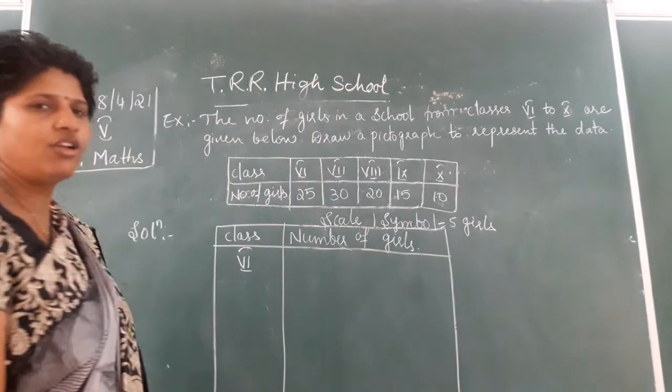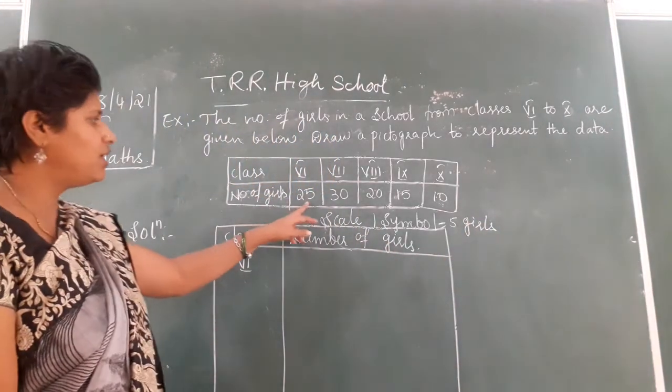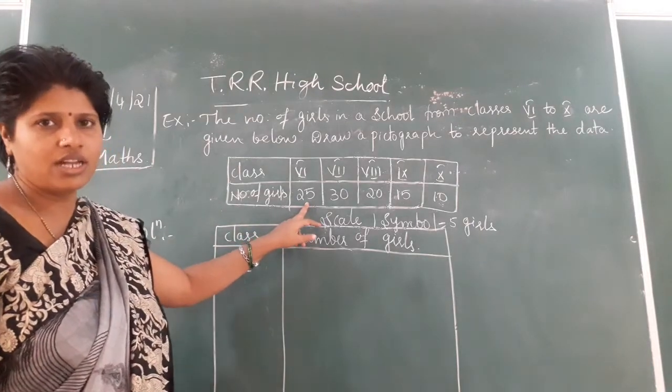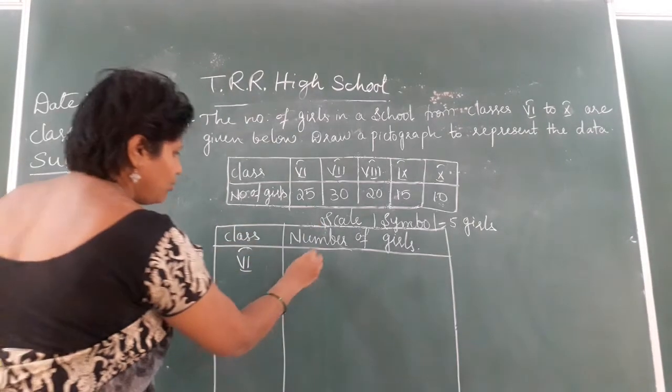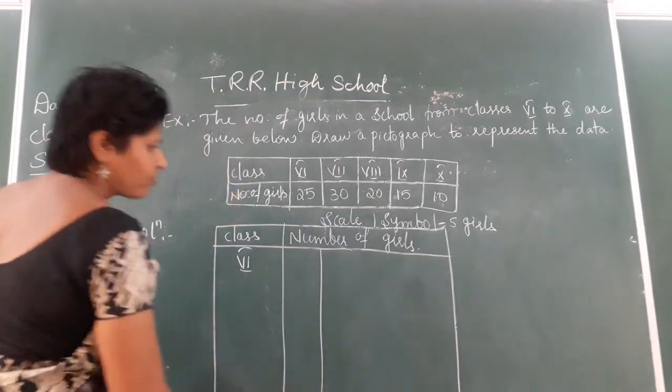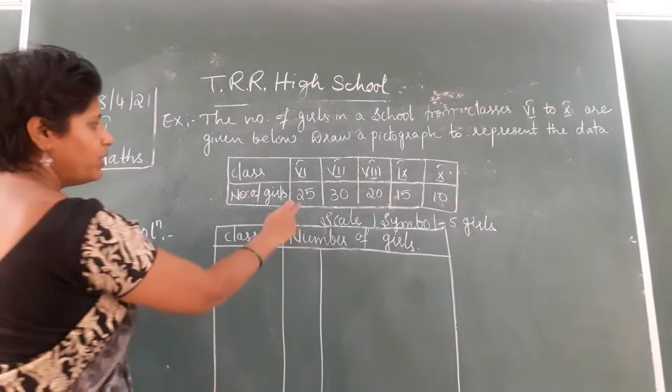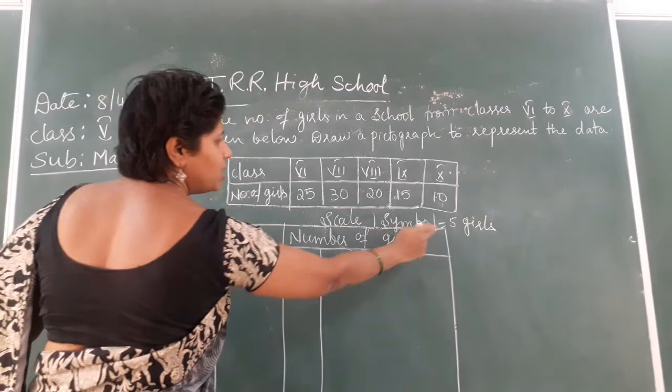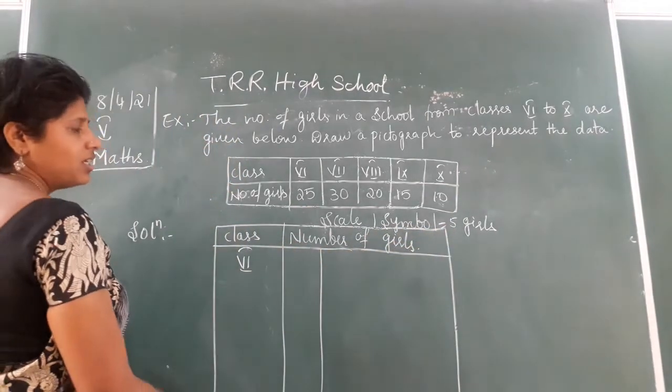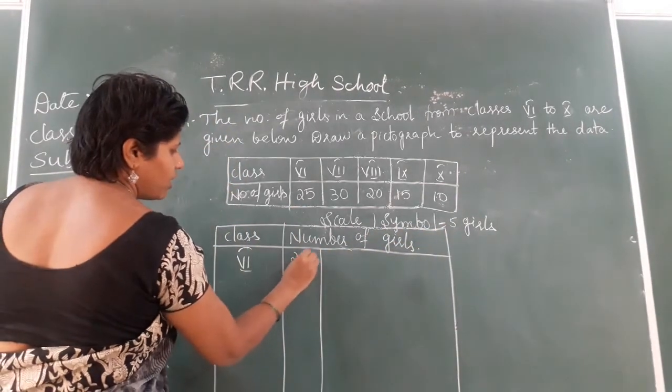One symbol is equal to 5 girls. So how many girls are there here? 25 are there. So here you draw one more column. How many are there? 25. One symbol is equal to 5 girls, so you divide 25 by 5.